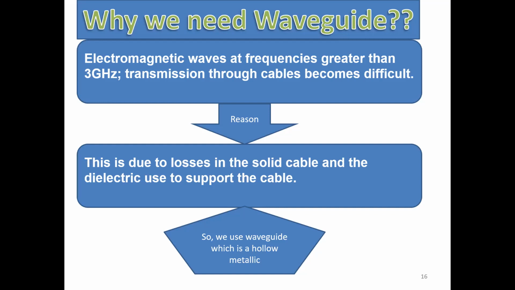So why do we need the waveguide? Because if you use a solid cable, then there will be some losses. To avoid the loss, we use the hollow metallic. Why does a solid cable have some losses?